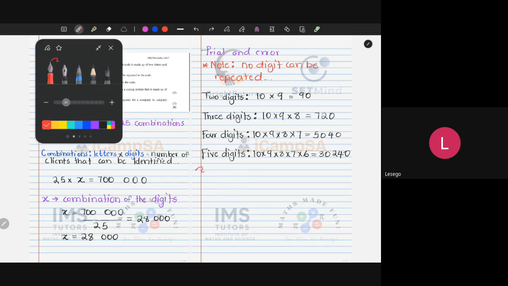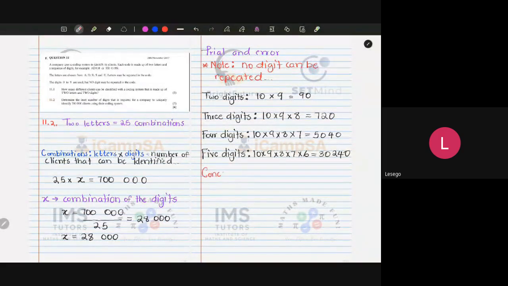So essentially, our conclusion is that five digits are required. Do you guys understand why?